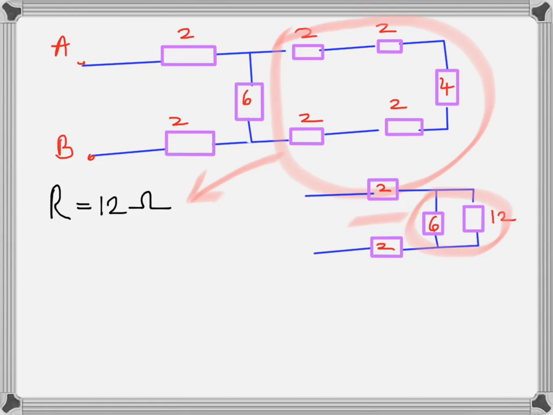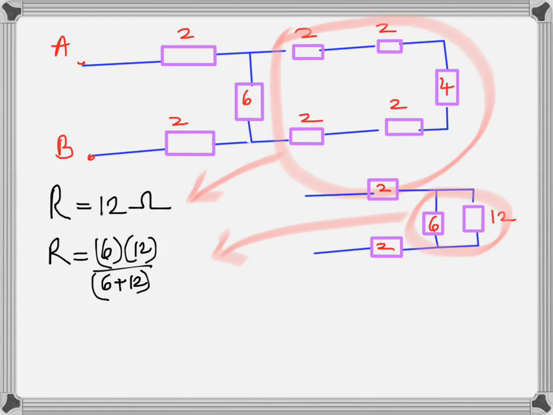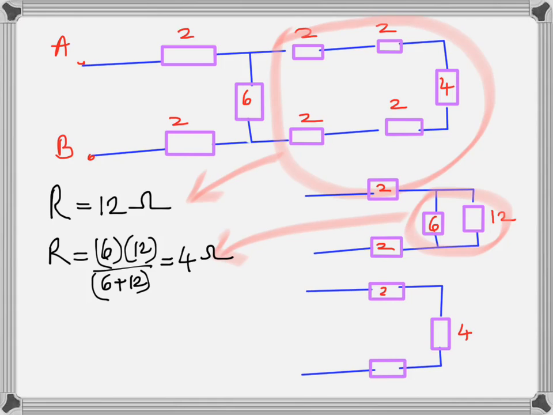So you got everything on this one? Yes, on the 12 and 6. No? Okay. So now, remember the shortcut that I gave you? If there are only two, 6 times 12 by 6 plus 12, you know, that gives you 4. So now put those 3 in series with each other. Add them all up.